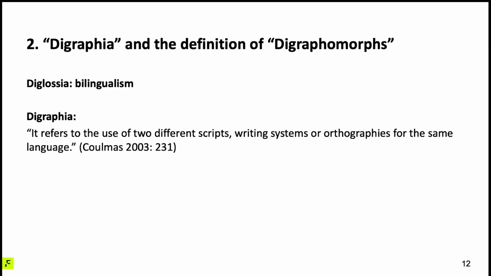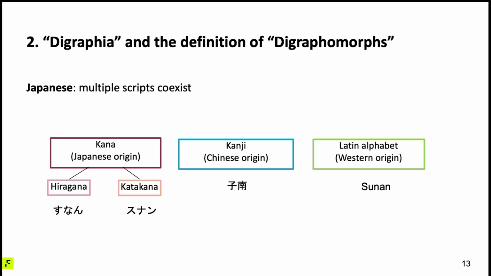definition encompasses phenomena that operate at fundamentally different levels, and the terminology has remained inconsistent across the literature. For example, in Japanese, my first language, my name can be written in hiragana, katakana, kanji, and the Latin alphabet, but the pronunciation remains the same, and here multiple scripts coexist.